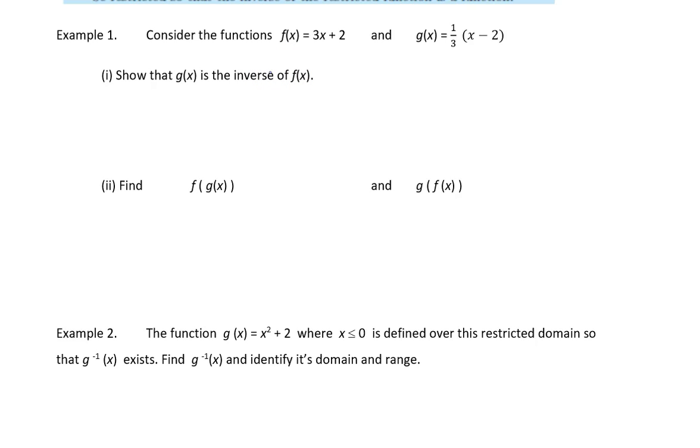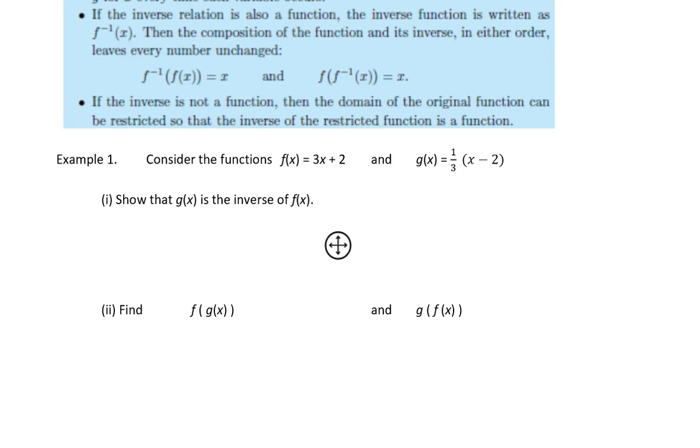We saw in the blue box that if you take the function of the inverse, then you should get x. So we could do that, or we could take the inverse of the function, either one of those, and if we produce just x, then we know that these two functions, f and g, are inverses.